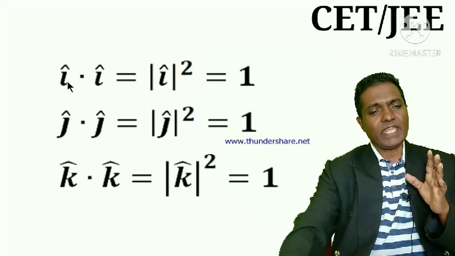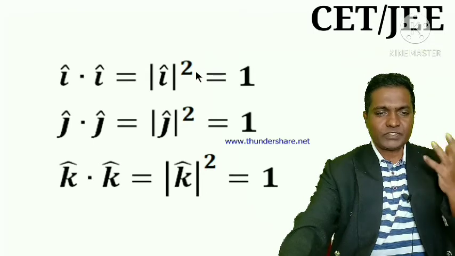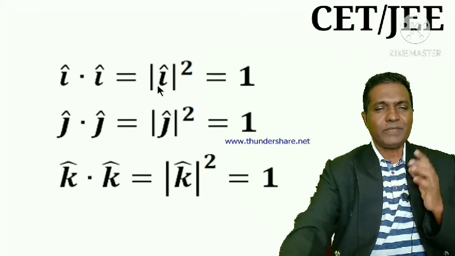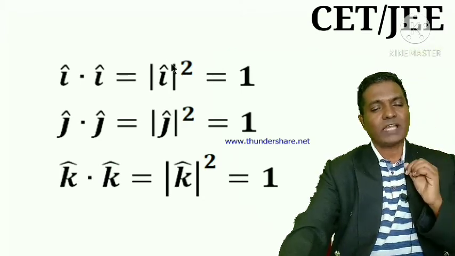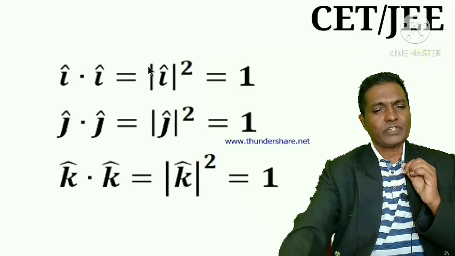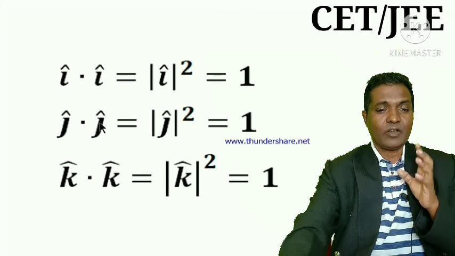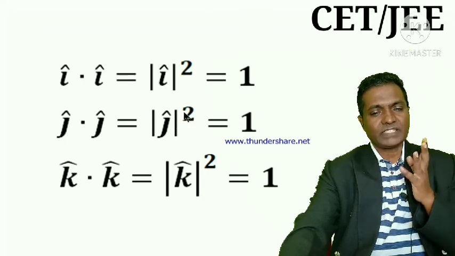So in the same way, i cap dot i cap is its magnitude square. So as we all know, i cap means what? It is a unit vector, means its magnitude is 1. So its magnitude is 1 means 1 square is 1. Similarly, j dot j means again magnitude of j square.